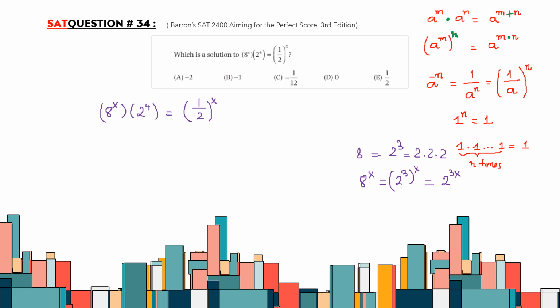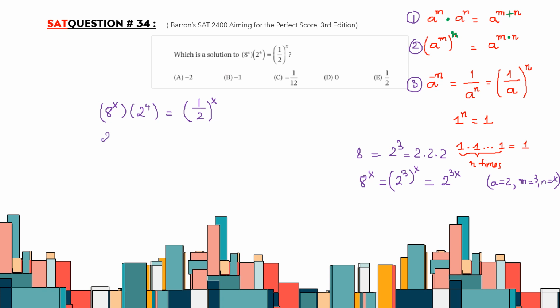So if we look at it, a is equal to 2 in this case, m is equal to 3, and n is equal to x, if we apply the second formula. Now 2 to the power of 4, we keep it the same.